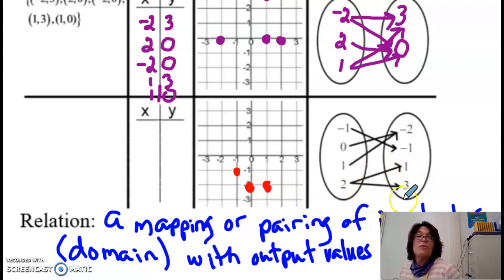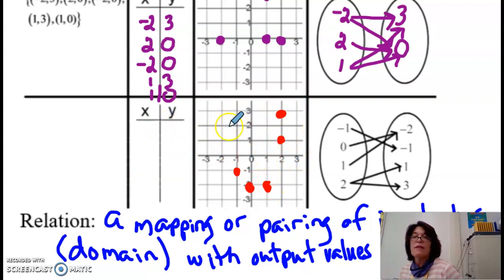It looks like 2 goes to 1 and 3. So 2, 1, 2, 3. So I have -1, -1. That's from this arrow. 0, -2: x is 0, y is -2. 1 also goes to -2. 2, 1, and 2, 3.